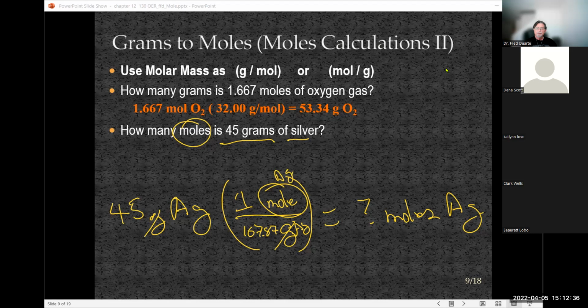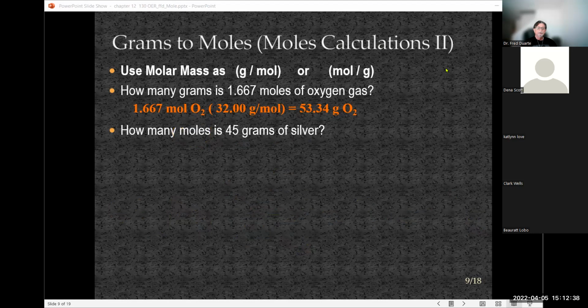Now it's a matter of you plugging those numbers into the calculator. So 45 grams of silver corresponds to 0.42 moles of silver. Okay. Now, notice that right now we're going from grams to moles. Okay.